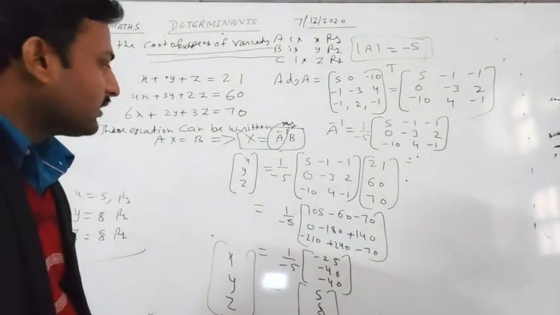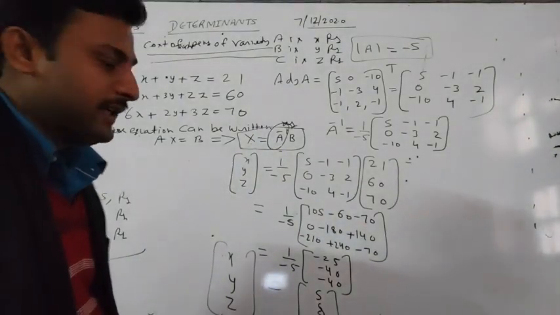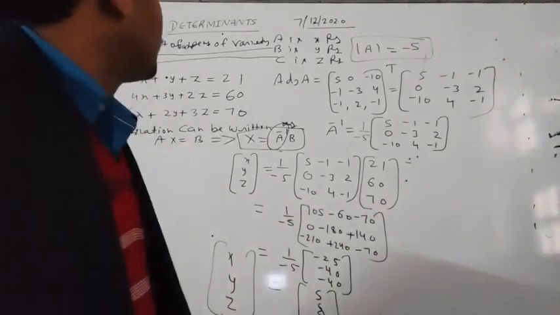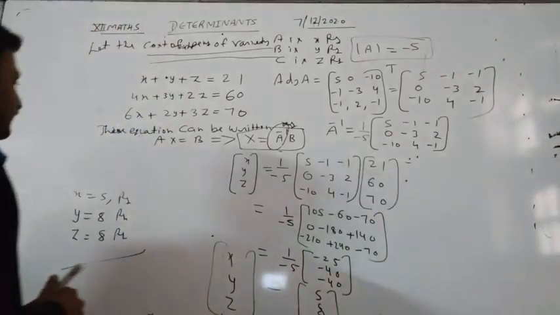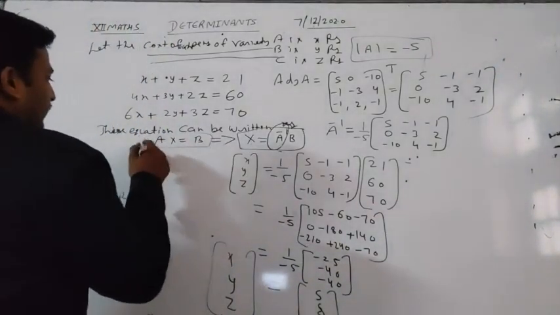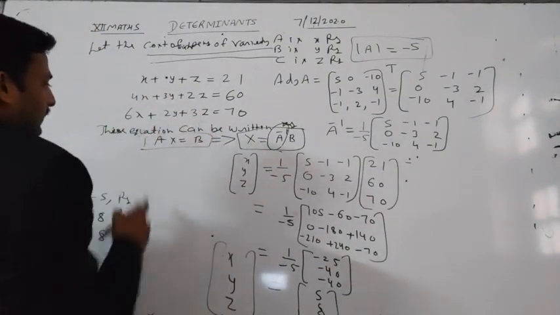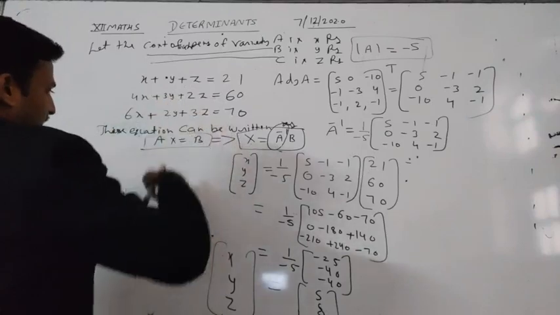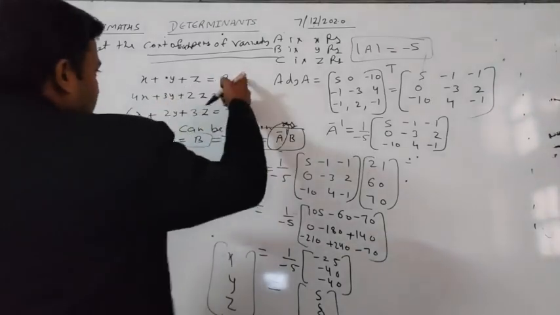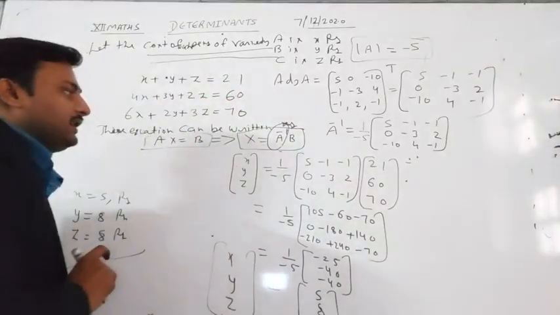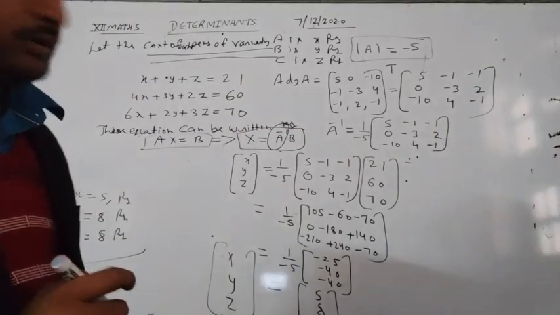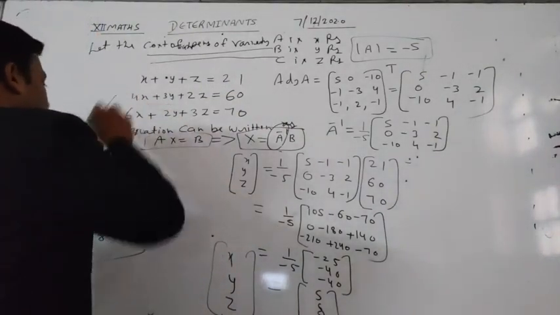Okay, so students, first of all we have to find the determinant of A. From here we will write our A, which will be 1 1 1, 4 3 2, 6 2 3. X will be X, Y, Z. And B will be 21, 60 and 70. This will be A, X and B from the given equations.